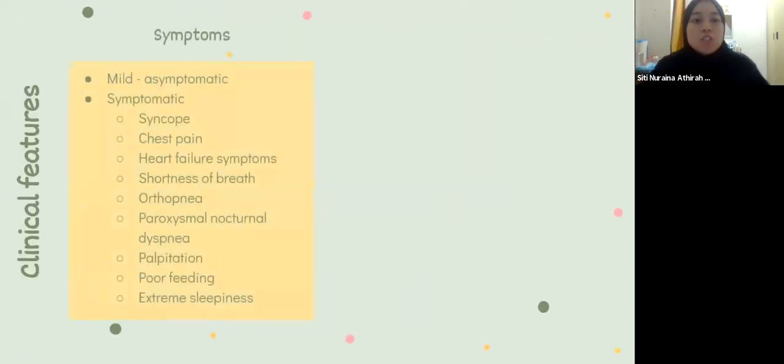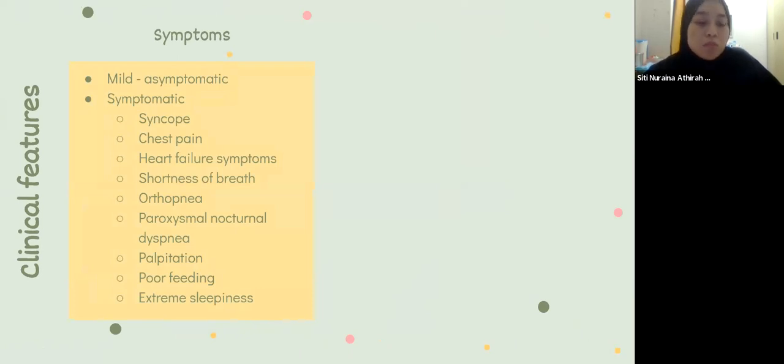Okay, for the clinical features, for the symptoms, basically in a mild condition the patient will be asymptomatic, except for the cyanotic condition, as I mentioned earlier. If the patient is symptomatic, it's basically because of pulmonary hypertension, and the symptoms are on exertion.